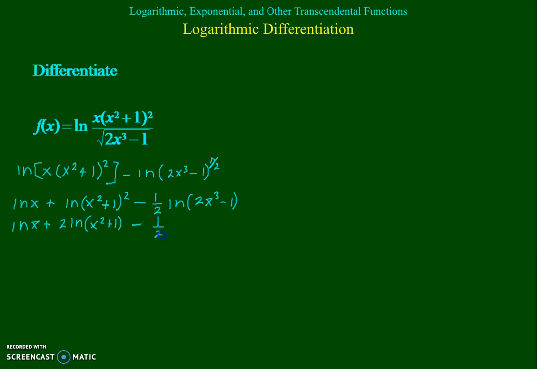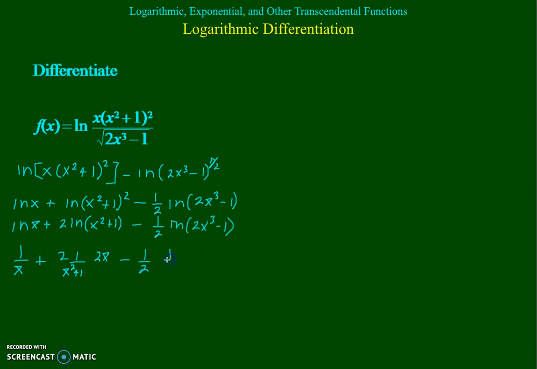Just rewrite this piece. Okay, now let's start taking the derivative. So the derivative of this first piece is 1 over x plus, here's the constant multiple rule, so we'll have 2 times 1 over u, x squared plus 1, times the derivative of u, which is 2x, and then minus 1/2.